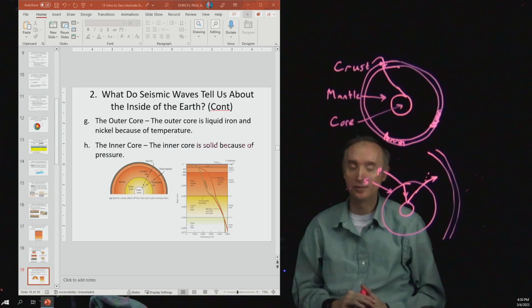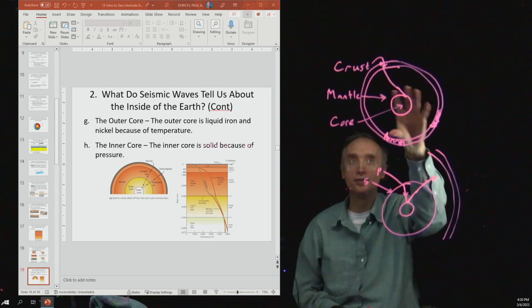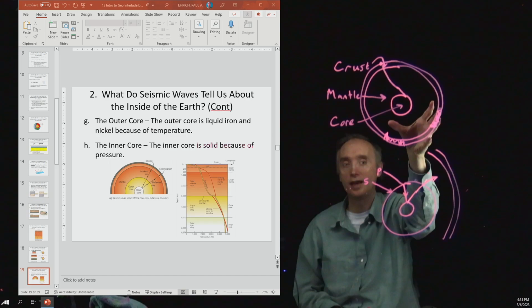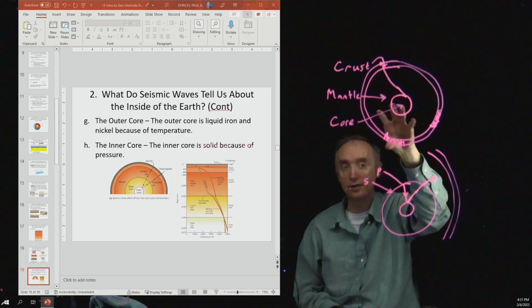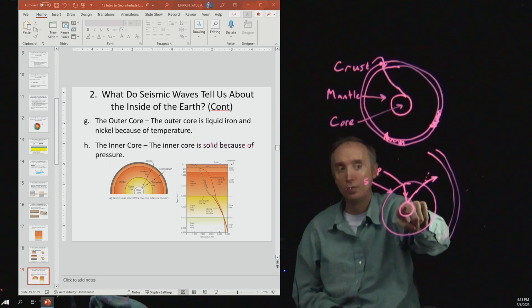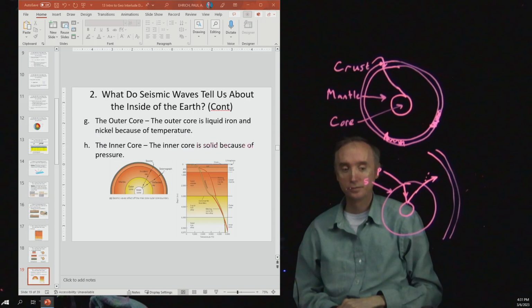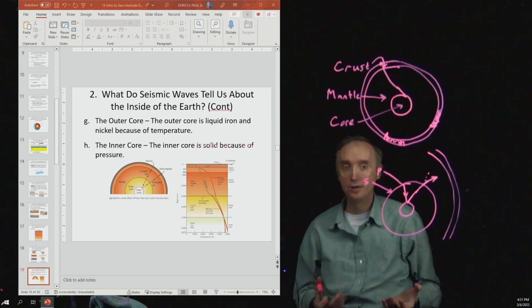Okay, so now we know the different layers of the Earth, and we know what state they're in. Oh, by the way, why would the inner core be solid while the outer core is liquid? Because the inner core is going to be hotter, and you would expect something hotter to be in a molten condition.